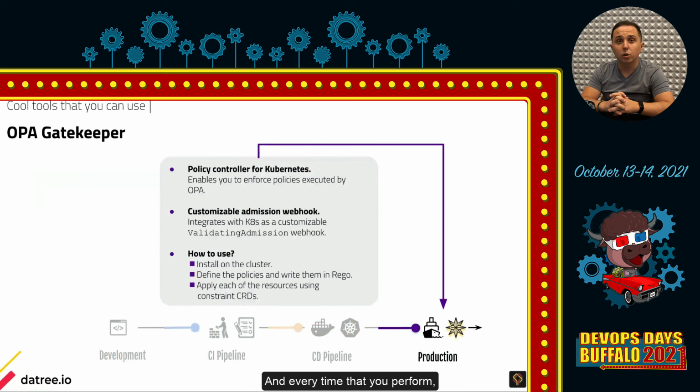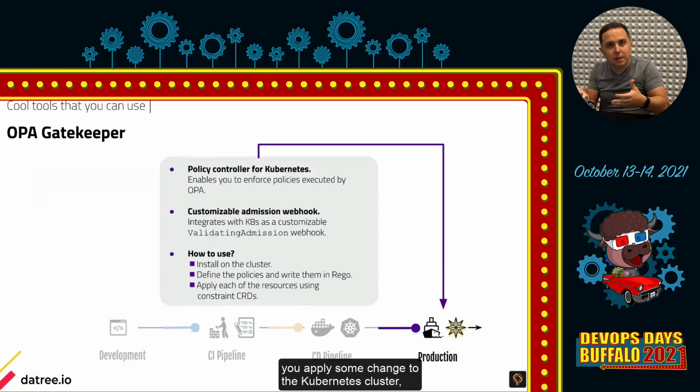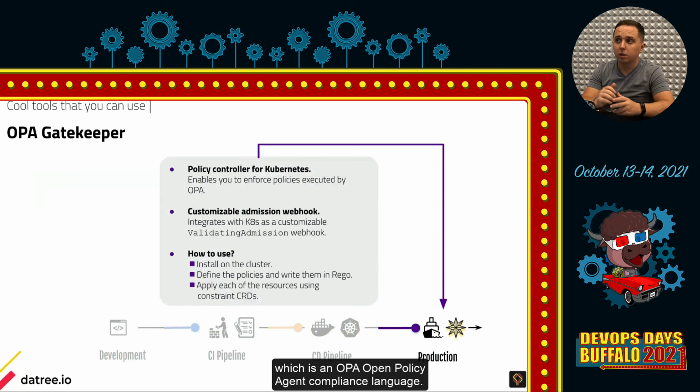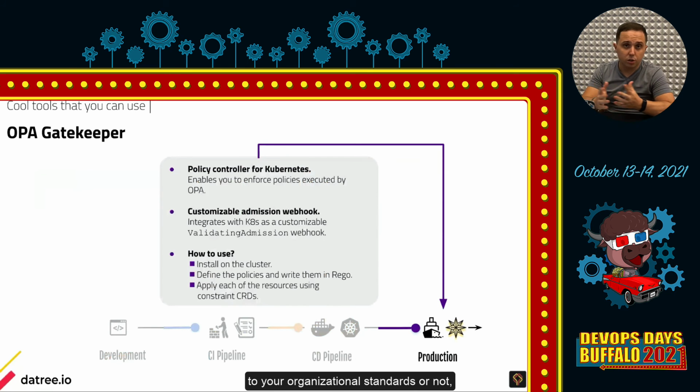And every time that you apply some change to the Kubernetes cluster, it will automatically invoke this admission webhook, and it will then run a policy. The policy is written in Rego, which is an OPA, Open Policy Agent compliant language. It will check whether the changes are according to the organizational standards or not.